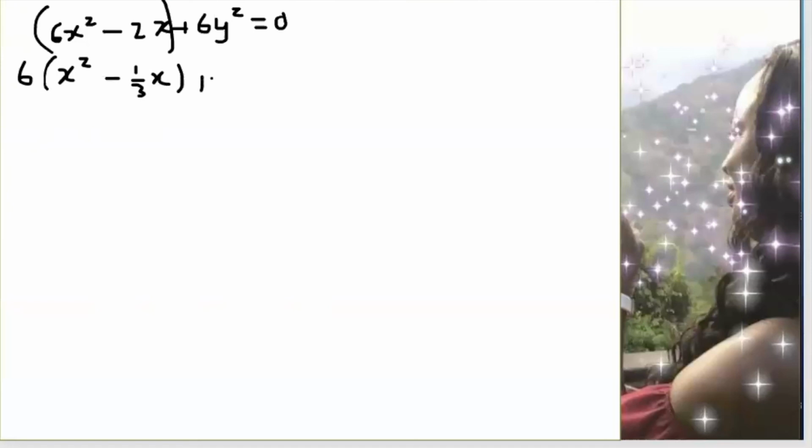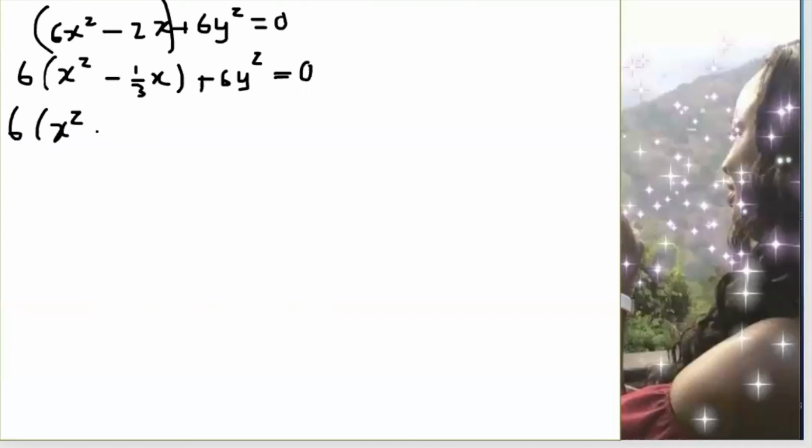Now, since I'm doing completing the square, the method is that we find half the coefficient of x. So I need to find half the coefficient of x, which is minus 1/3. And when I find half the coefficient of x, I plus and minus the square of this.